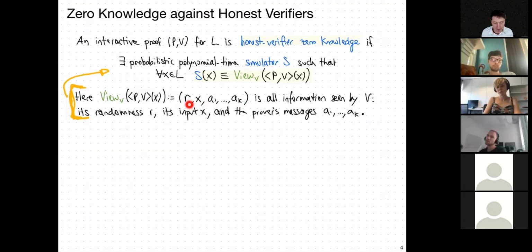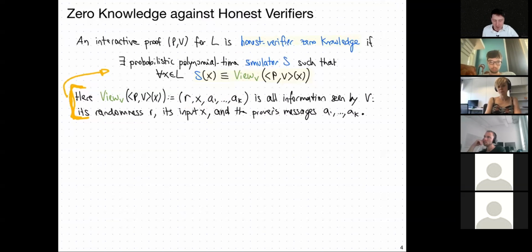This is all the verifier has: its own randomness, the theorem, and the prover's messages. Its own messages are determined, and this is a random variable. Thinking about zero knowledge is the same as thinking about whether this contains any private information.